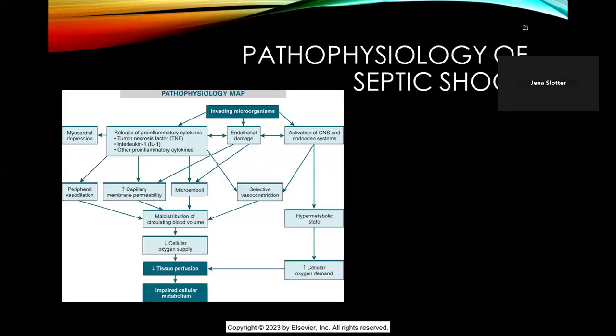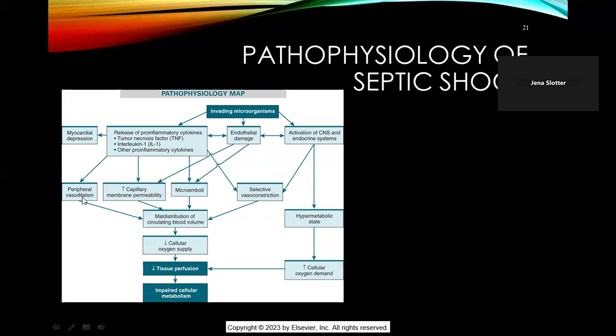I'm not sure why I have a blank slide here, but the patho of septic shock is a little bit more complicated, and I'm not going to go over all of this. I don't think there's a ton of this that you need to really know. I wouldn't worry about too much of this stuff, but basically we're looking at the manifestations, so we as nurses know what to look for.